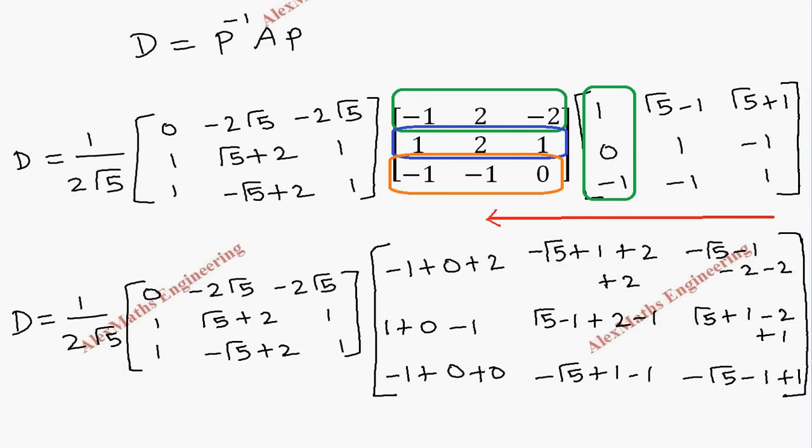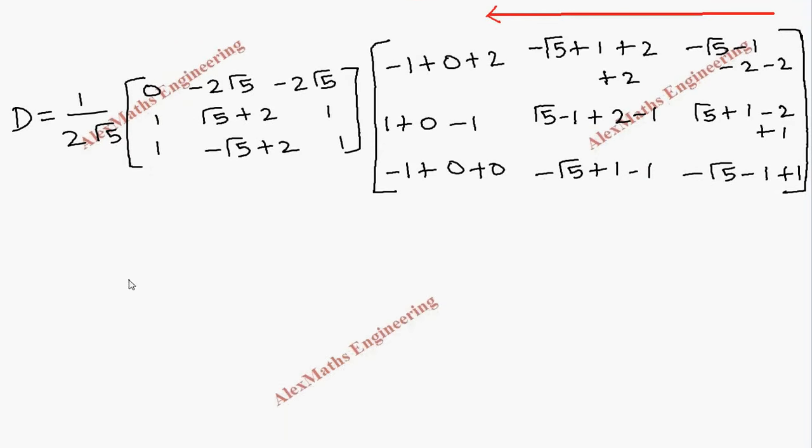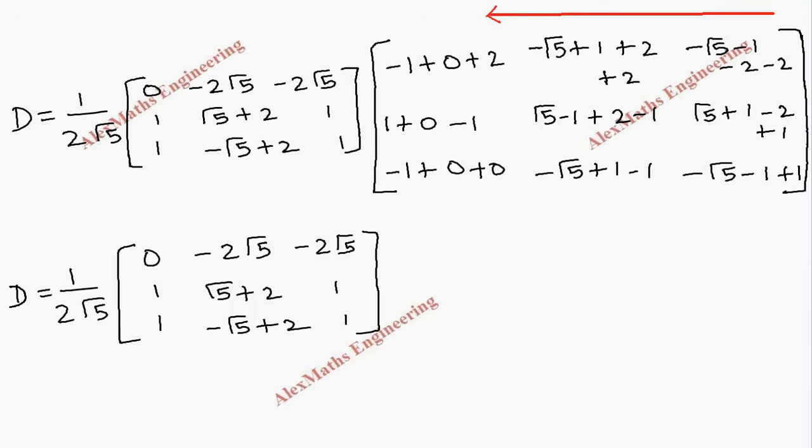So we completed the multiplication, and let's simplify all the terms. So the first element will be 2 minus 1, which is 1, and here it is 5. So 5 minus root 5, and here it is minus 5 minus root 5.